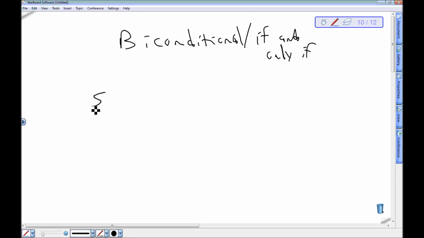The symbol for if and only if, for the biconditional, is, again, I need a P or some statement, and I'm going to draw this arrow in two directions and then Q. Biconditional statements really tie the two together. They imply that they have the same meaning or the same value. So P, if and only if Q, is how I will say this.